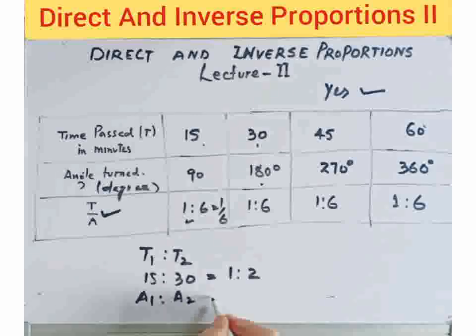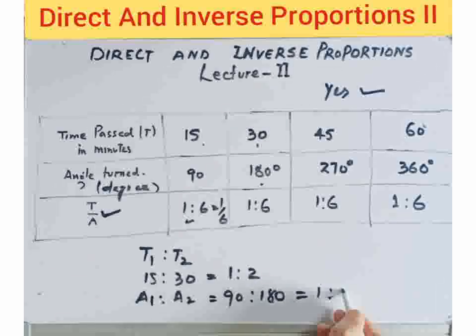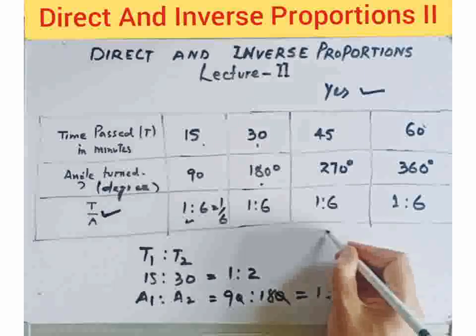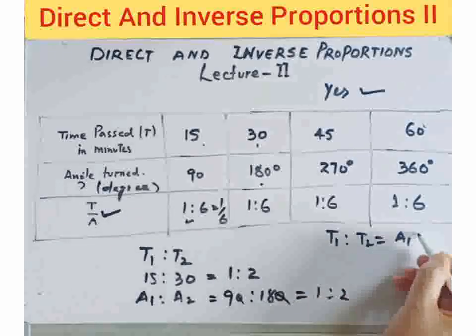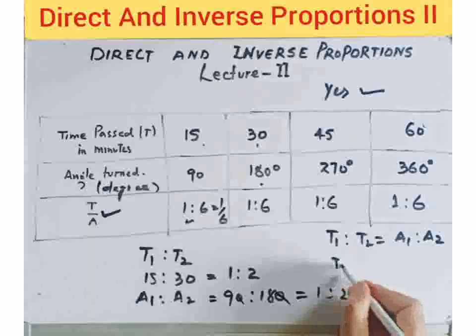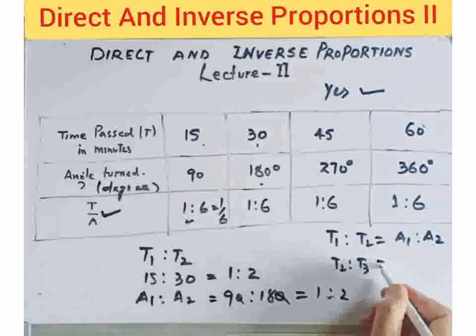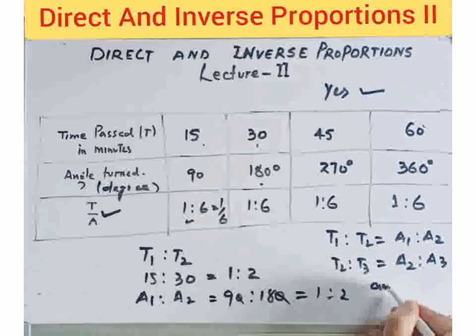That will be 90 is to 180, which is also equal to 1 is to 2. So we can say that T1 is to T2 is equal to A1 is to A2. Similarly, T2 is to T3 is equal to A2 is to A3, and so on.